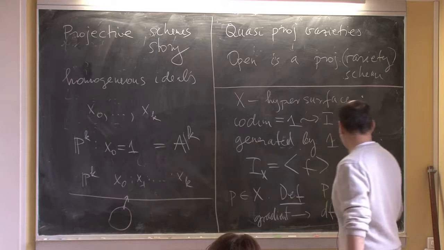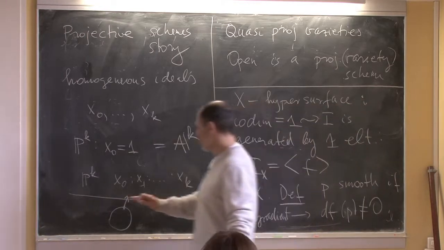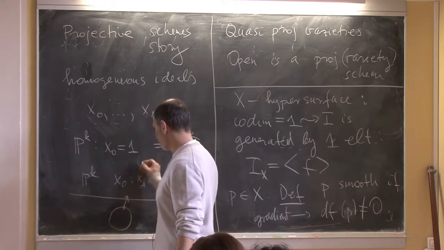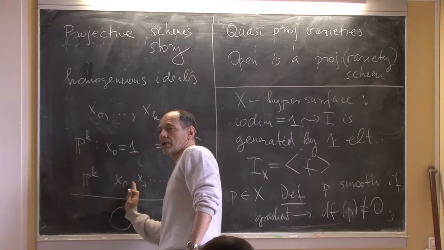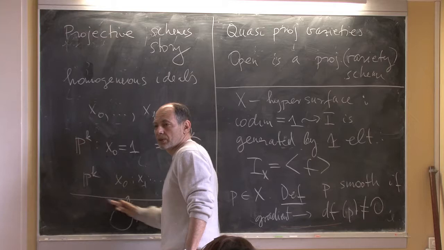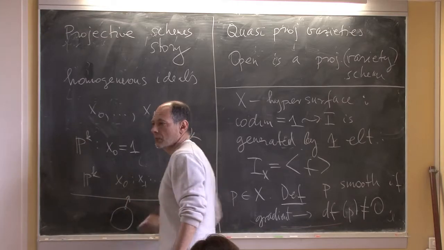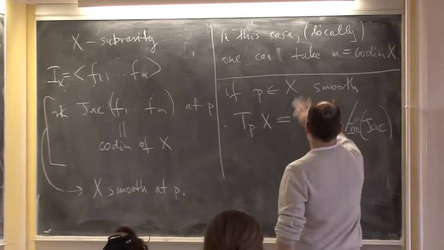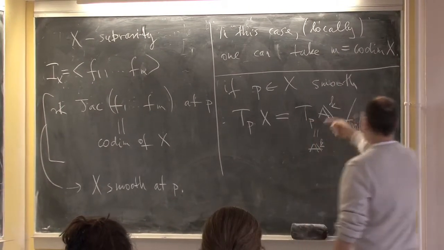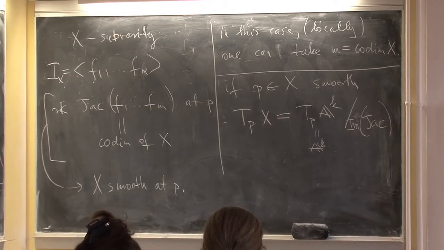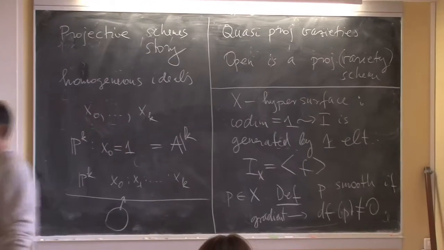That's this df. And then you just quotient the three-dimensional space by the gradient vector, and then you get the two-dimensional tangent plane for the sphere. And the same thing is true in general. So you just take A^k, of course, and then you quotient by these vectors that you get as derivatives, gradients of the defining functions.